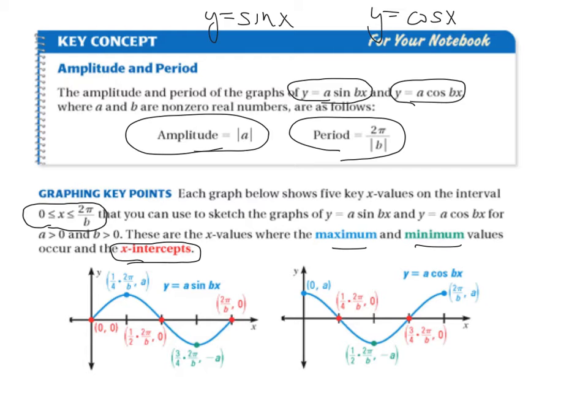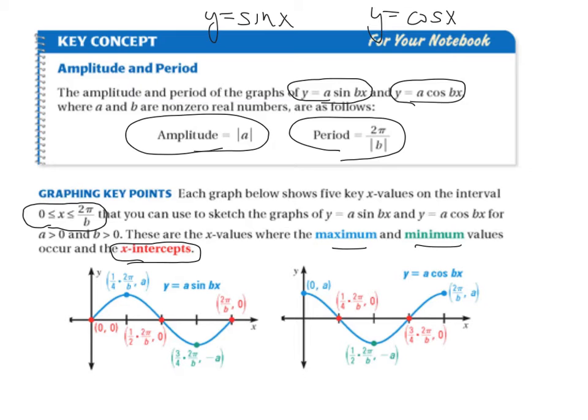The minimum is 3/4 times 2 pi over b, comma -a, right? We go through the x-axis. Start at 0, 0. I'm a quarter of the way there, halfway there, 3/4, and one full rotation. We start up here, quarter of the way, halfway, 3/4, and a full rotation.